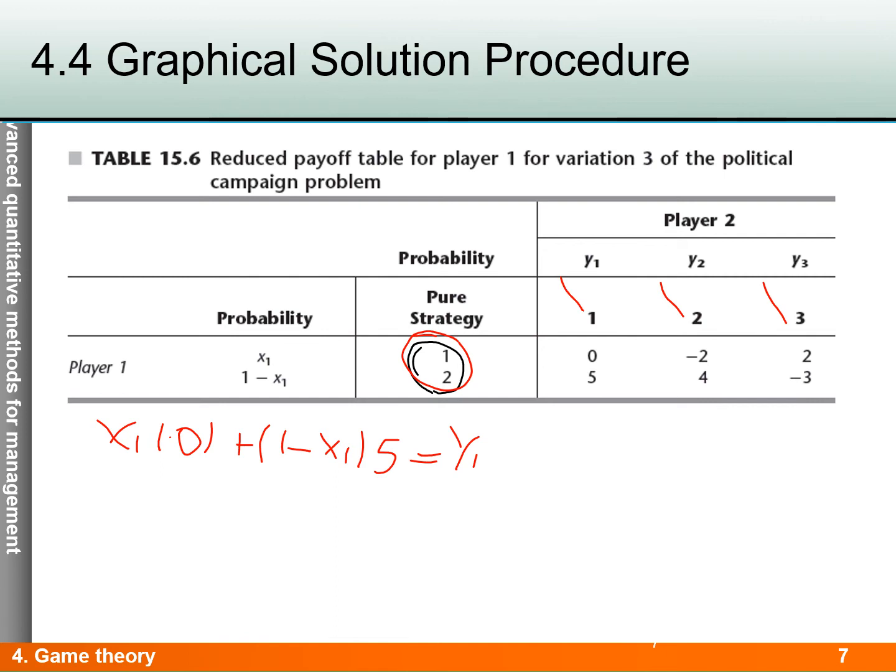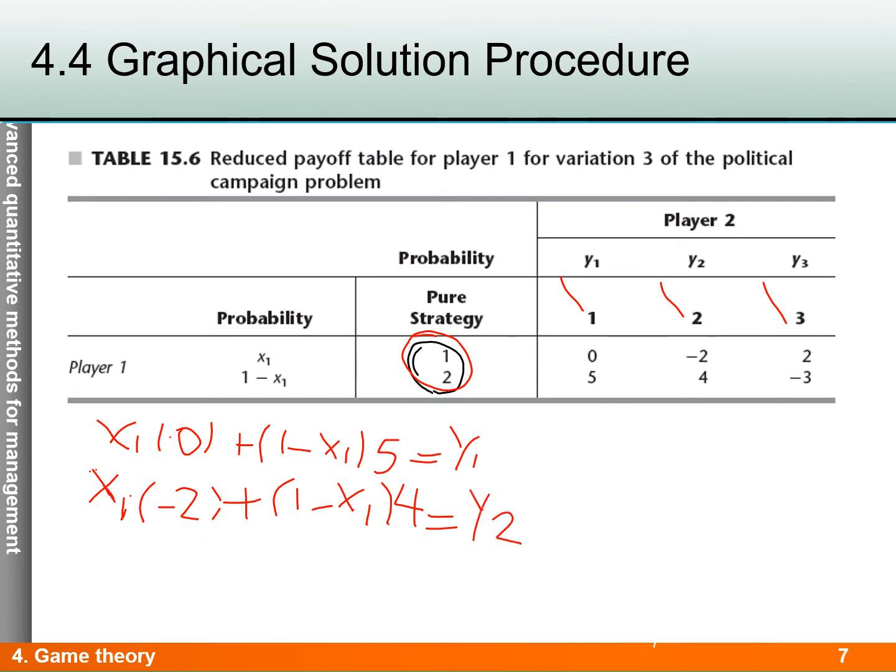The other one is x1 multiplied by minus 2 plus 1 minus x1 multiplied by 4, this time equal to y2.